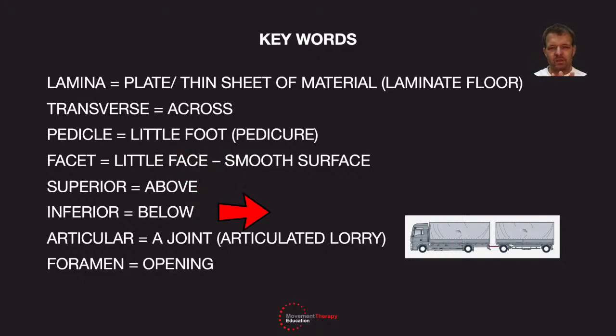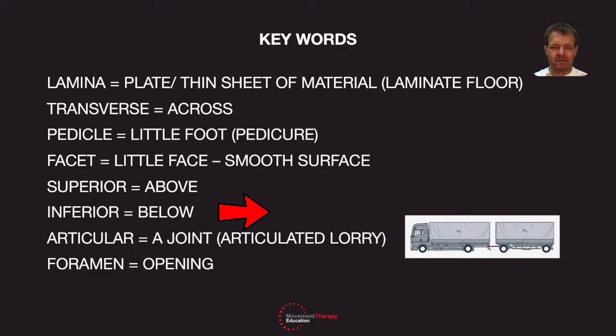And remember, we were talking about facet joints, and their true name, if you like, is a zygapophyseal joint. It's a bit of a mouthful, so we tend to call them facet joints. They're very smooth, and you'll have a concave surface and a convex surface, so they fit together and glide across each other.